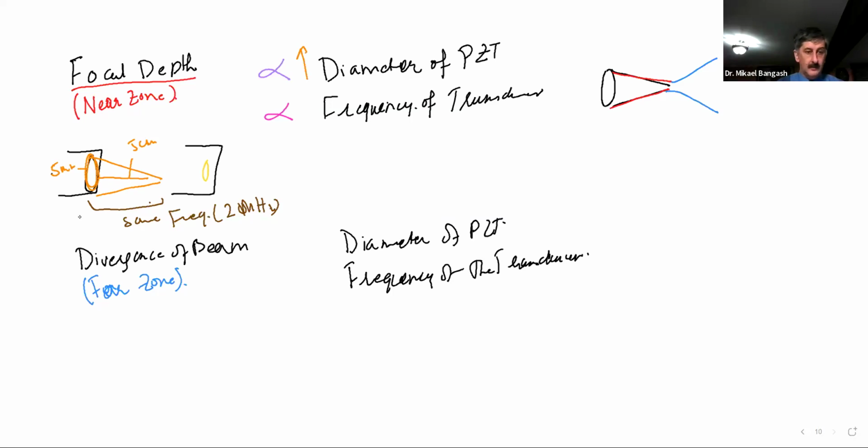Whereas here, if this is a small PZT, let's say 2.5 millimeters, then it might have had a focal depth of 2.5 centimeters.